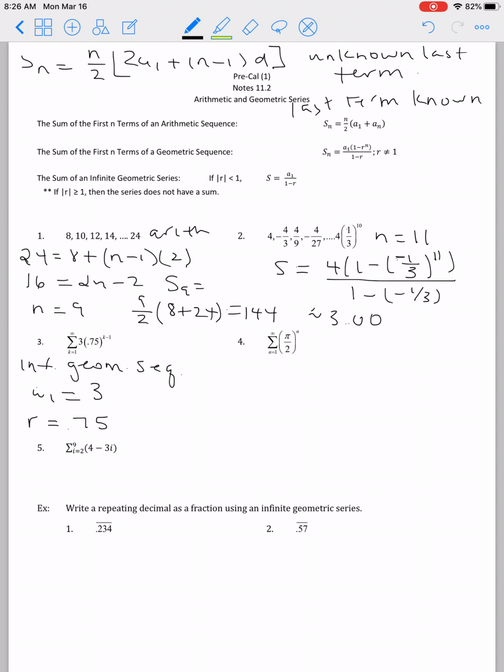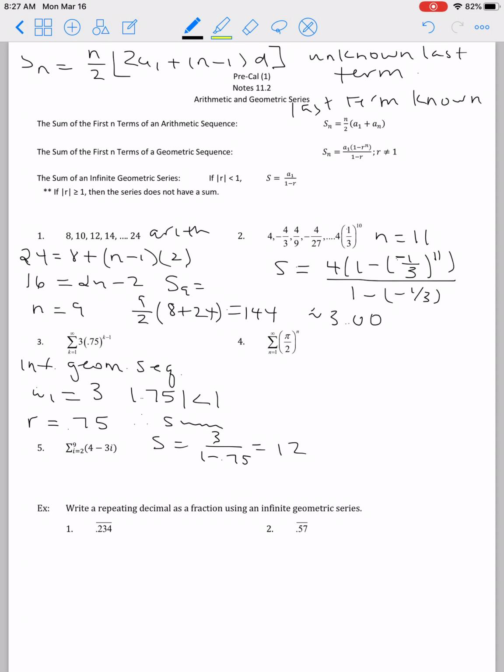So the absolute value of 0.75 is less than 1, so therefore there's a sum. And then we use the formula, so S equals 3 over 1 minus 0.75, and our sum is 12.